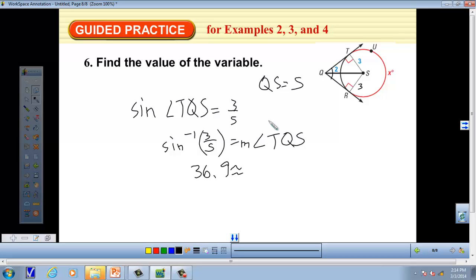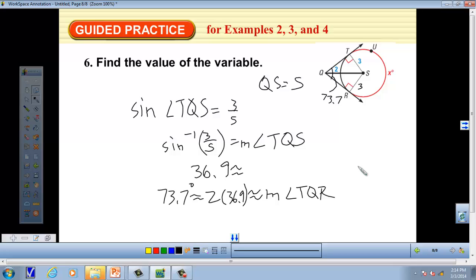We're going to have to multiply by 2 to find the measure of angle TQR. This is going to be 2 times 36.9, which ends up being approximately 73.7 degrees. So that angle right there is 73.7.